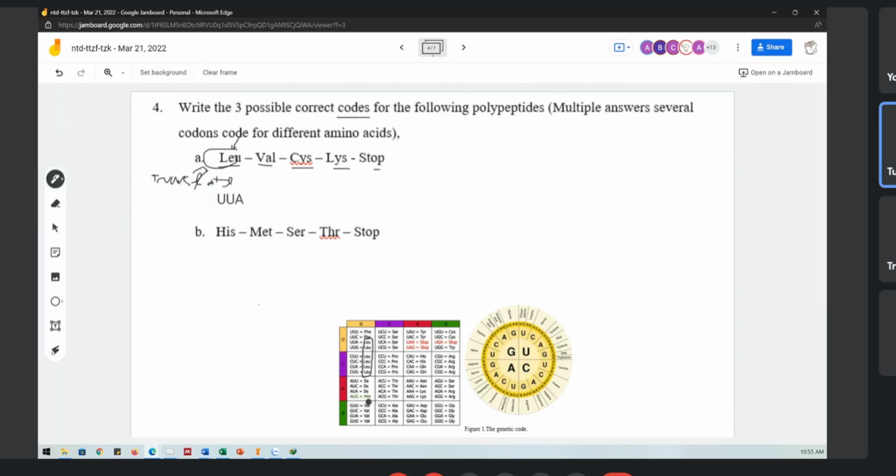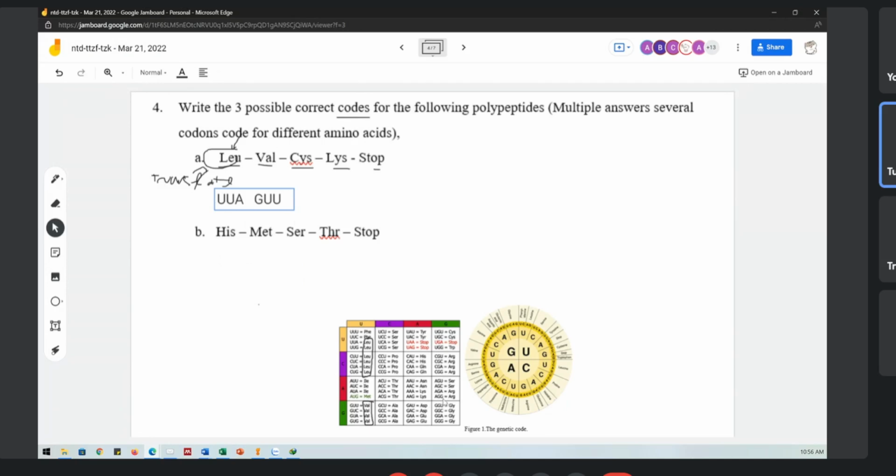Look for valine here. Of the possibilities for valine, you can use any of them. Let me go to this one. For valine, you have GUU.